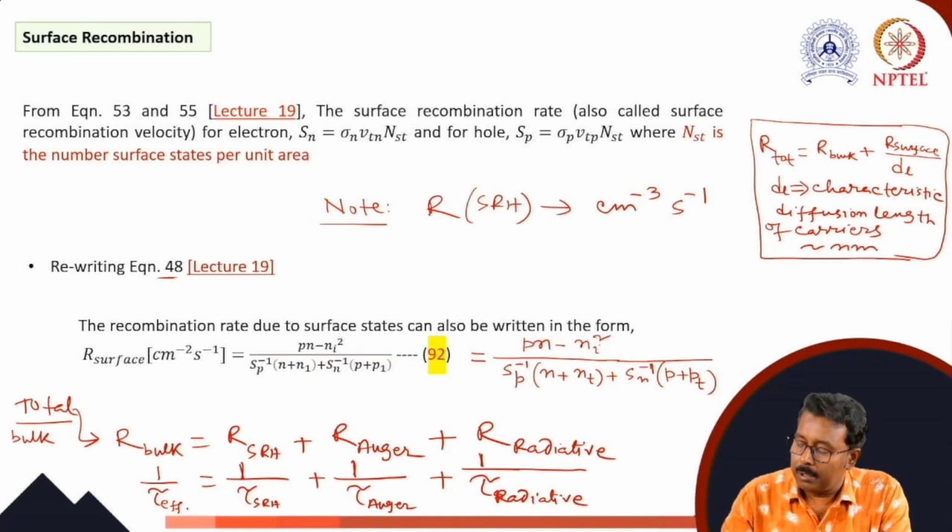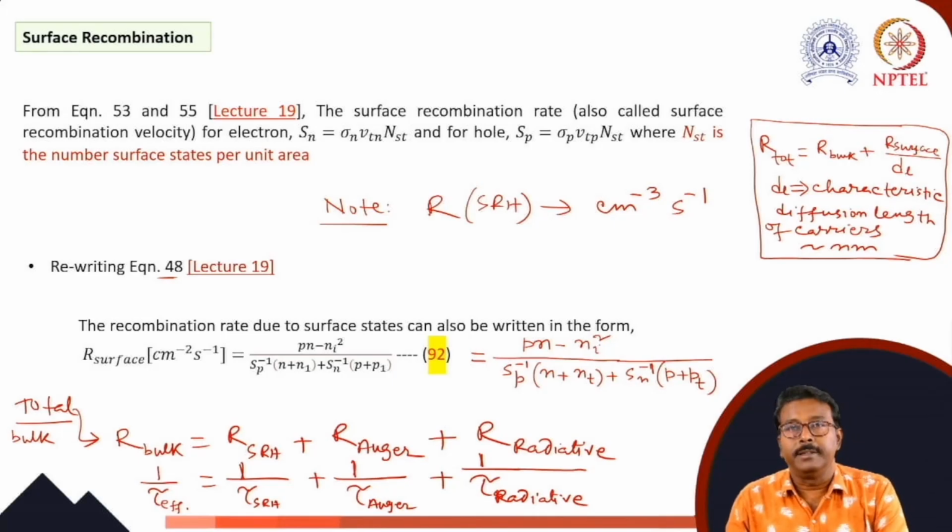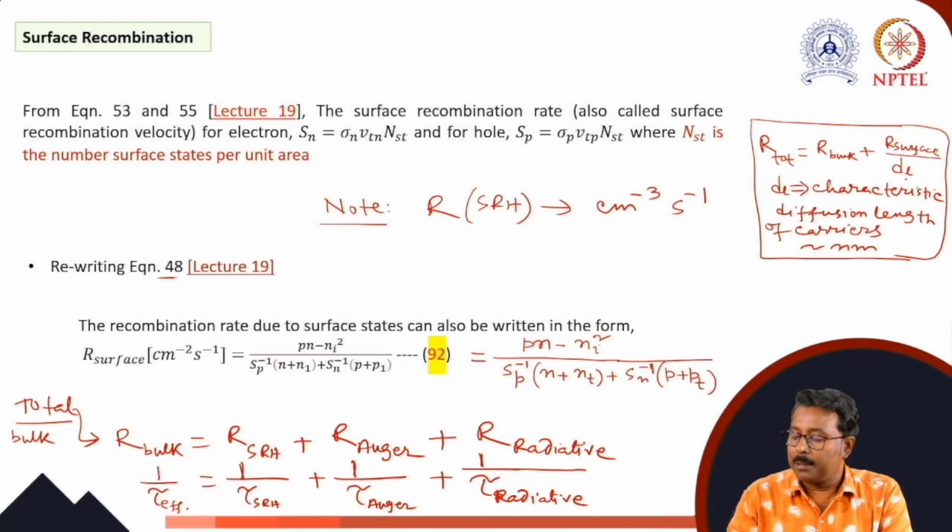some nanometer range. That means near the surface, what is the diffusion length? It is the distance from the surface within which carriers may reach the surface for recombination. This is the characteristic diffusion length. But dividing R surface by dl gives you the rate per centimeter cube per second.